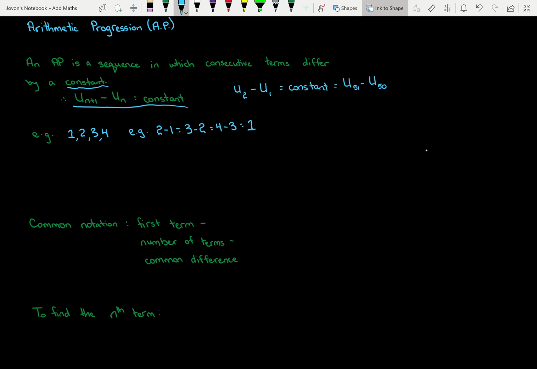Again, let's say we have 2, 5, 8, 11. If this is an AP, it should all differ by a constant term. So again, we'll have 5 minus 2 is equal to 8 minus 5, which is equal to 11 minus 8, which is equal to 3.